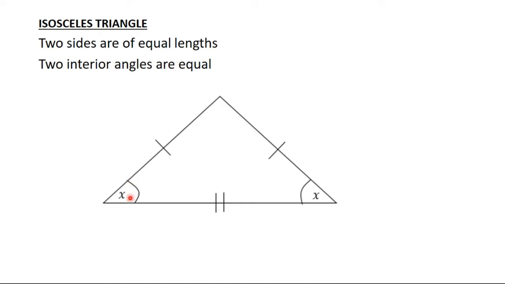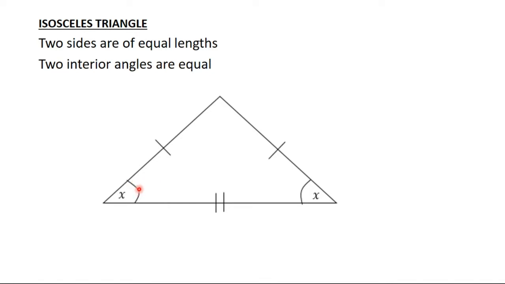So the angle formed here will be x and the angle formed here is also x. I'm just using the x to represent the angle that will be there. So all you need to know about an isosceles triangle is that two sides are of equal length, then two interior angles are also equal. The interior angles that are equal are the angles formed at the base of the two sides that are equal.